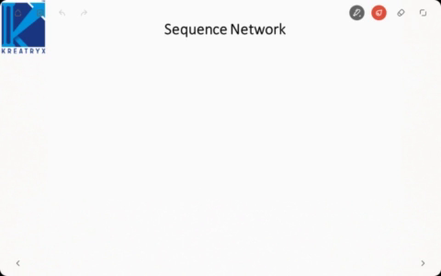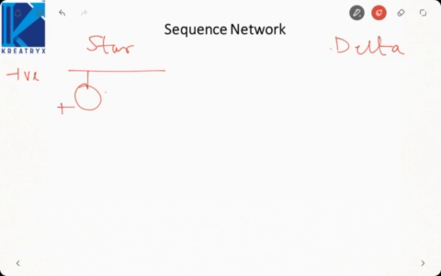So here let me summarize. Star, delta. In case of star, how does my positive sequence network look like? EA, Z1, IA1, VA1.